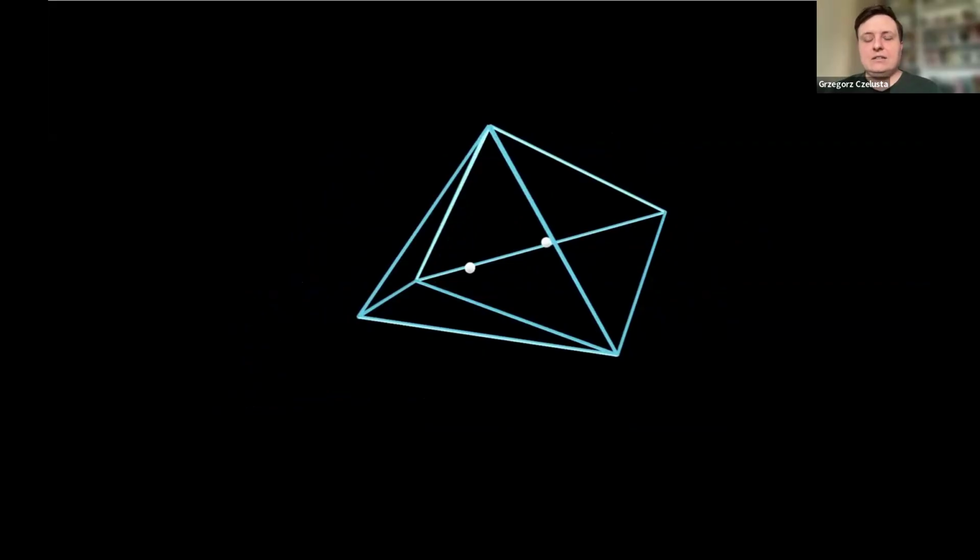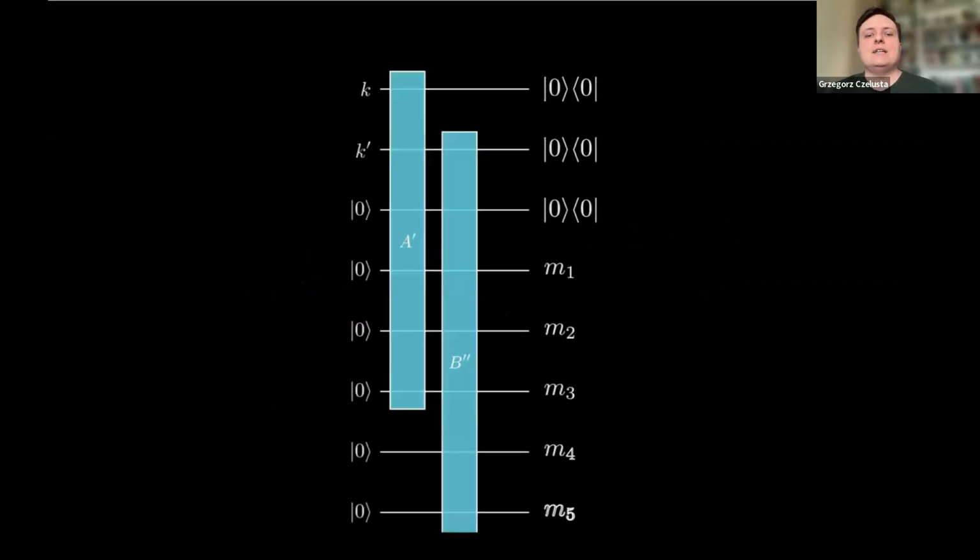The construction of this circuit can be written explicitly. Here we have a circuit which uses two blocks which are explicitly known how to be constructed. It is in our paper. This circuit takes two input qubits corresponding to bulk degrees of freedom, to volume, let's say, and it outputs 6 qubits corresponding to the boundary of this region, to the area which is around this volume.